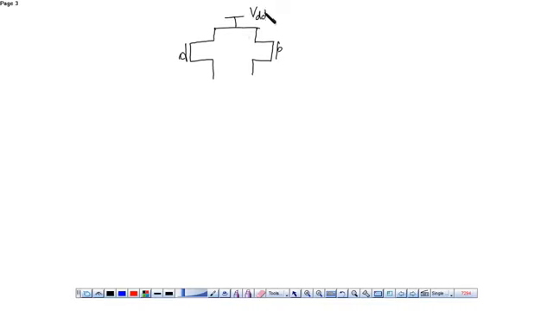This is connected to VDD. This is connected to the third input. Now here the NMOS is in parallel.